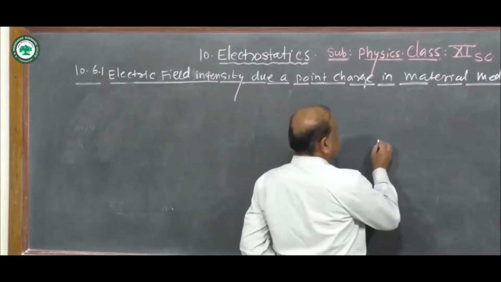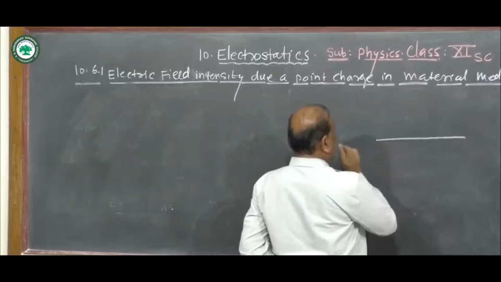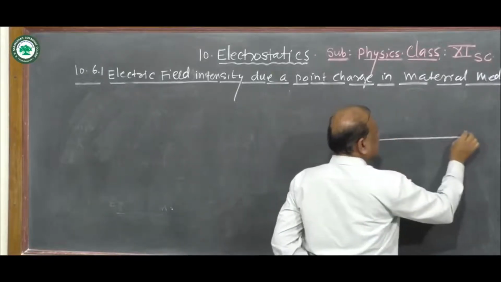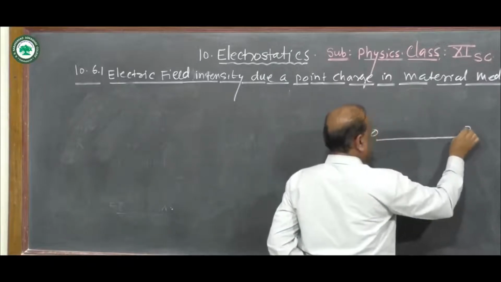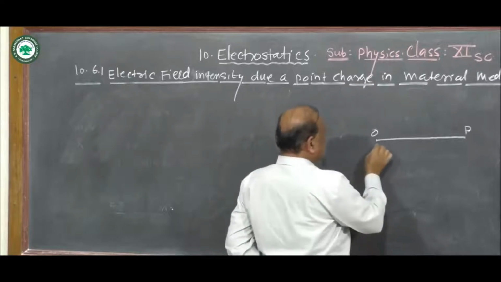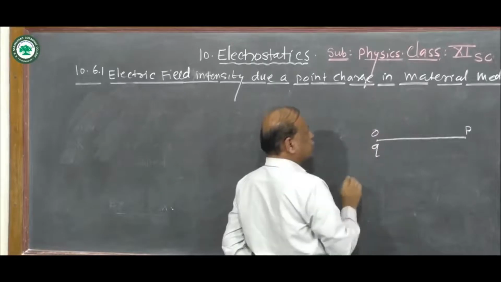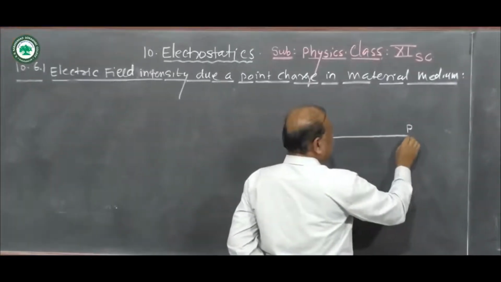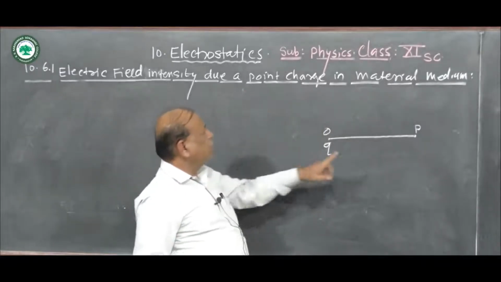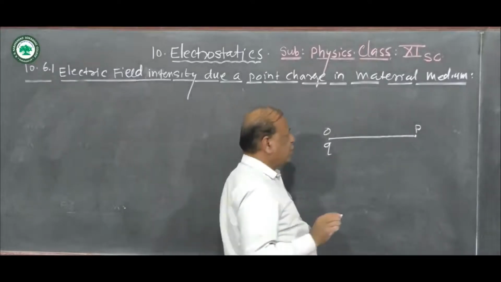Now for simplicity here we consider a point O, and now here is the point P. This charge Q is situated at point O, and we have to find the electric field intensity at a point in a material medium.